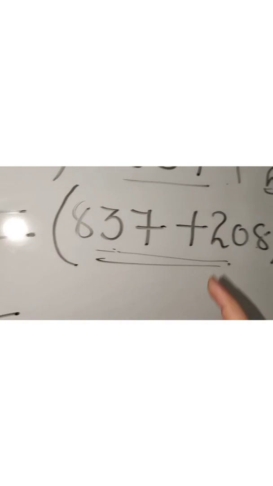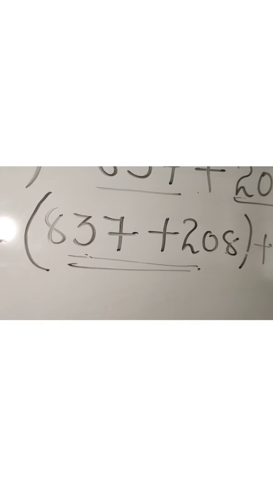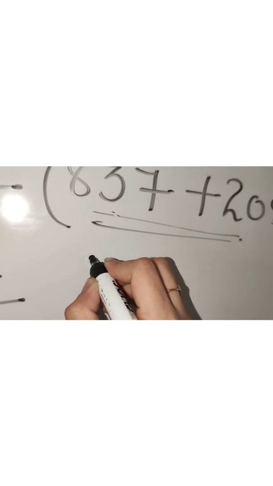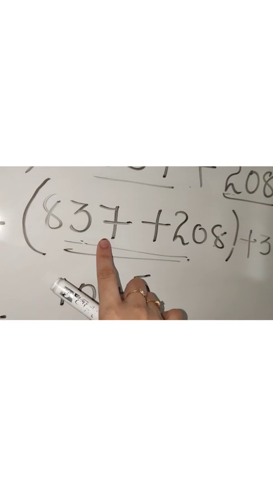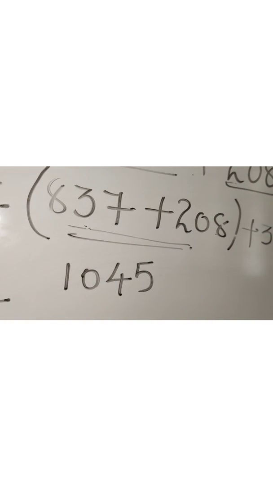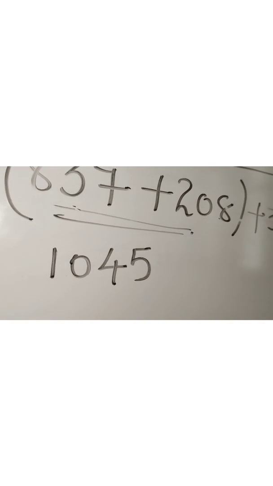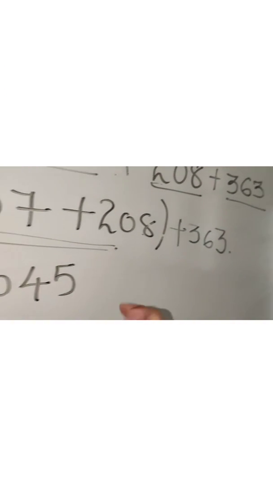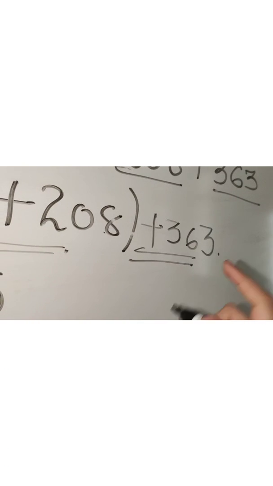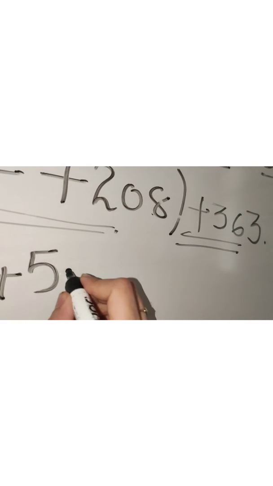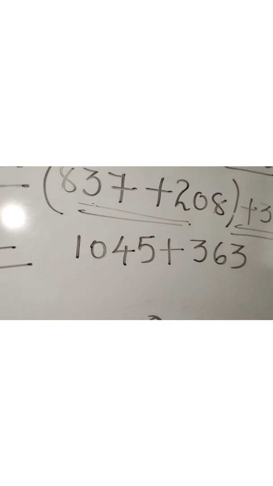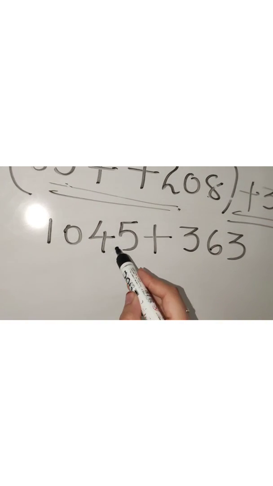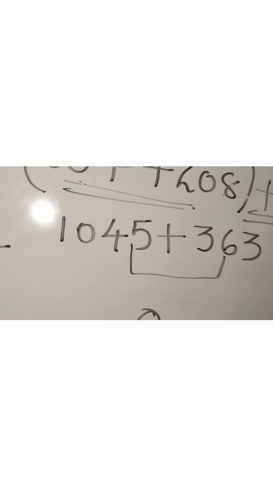So here we are going to replace these numbers by its answer, that is 1045. यानी ये दोनों का जो सम है वो क्या है 1045, and we have put it here. And this 363 is still left, so we are going to add this 363.